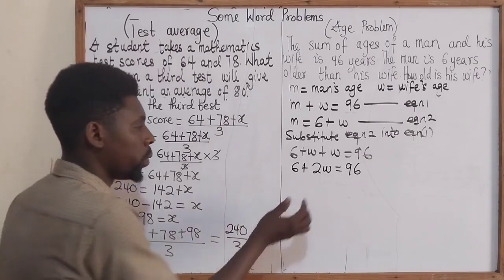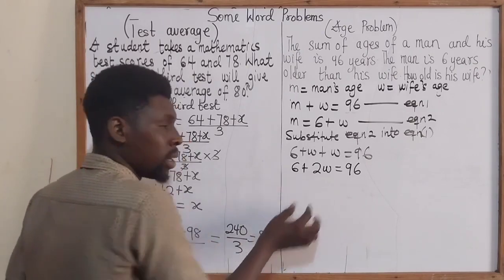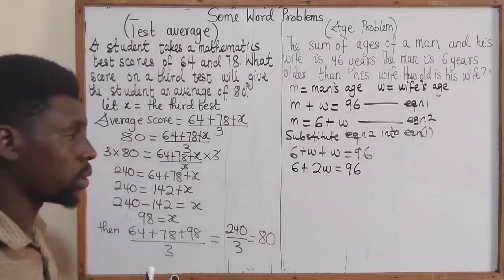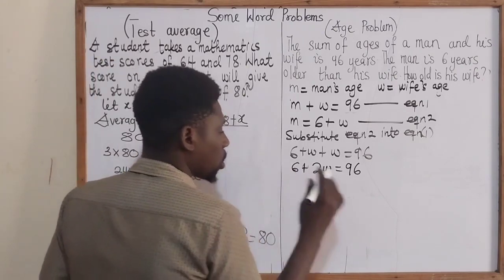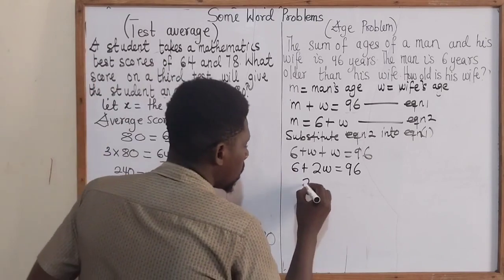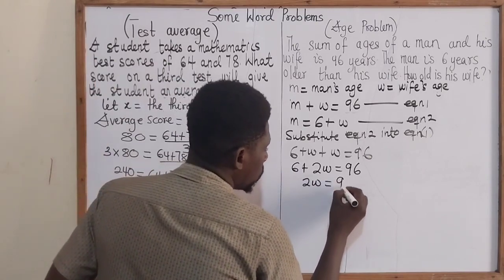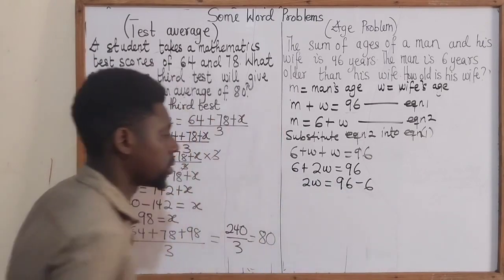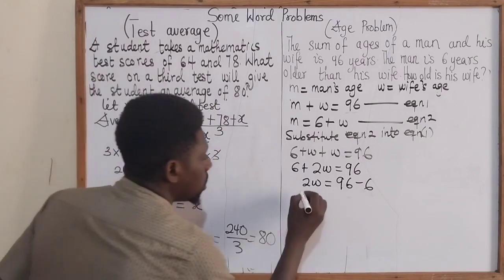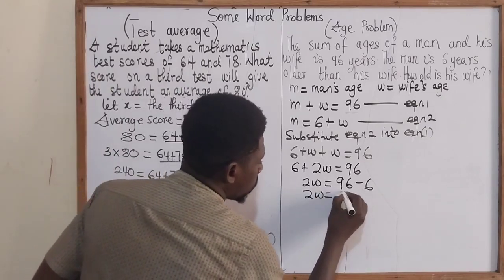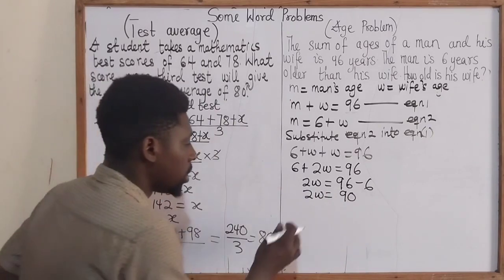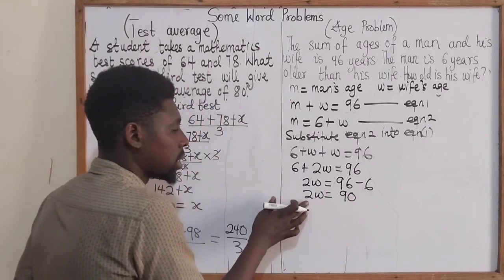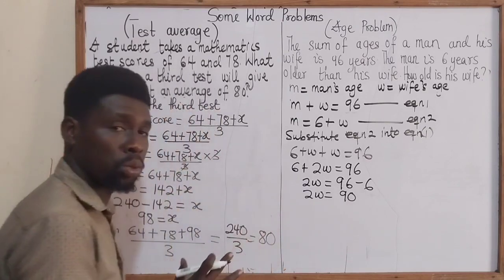So what do we do? We need to make W stand alone at one side of the equal sign. So let's eliminate this 6. So I subtract 6 from both sides, all right? So by so doing, I'm going to get something like this, all right? So this is giving me 2W equals 90. Are you following? Making W the subject, then I divide both sides by 2, okay?